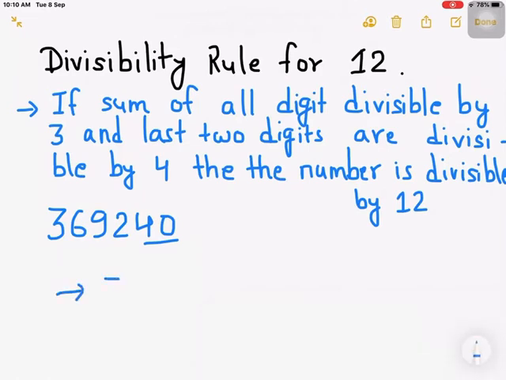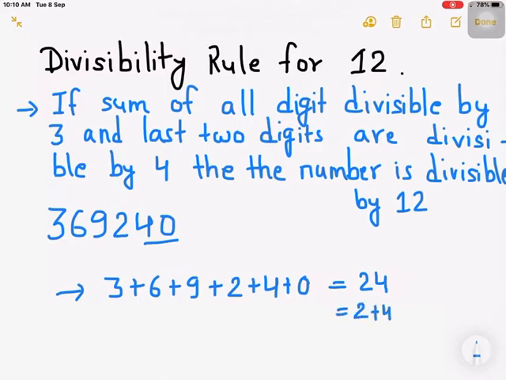Let's sum this. 3 plus 6 plus 9 plus 2 plus 4 plus 0. It gives a sum of 24, and 24, 2 plus 4, it is 6. Yes, this is divisible by 3.